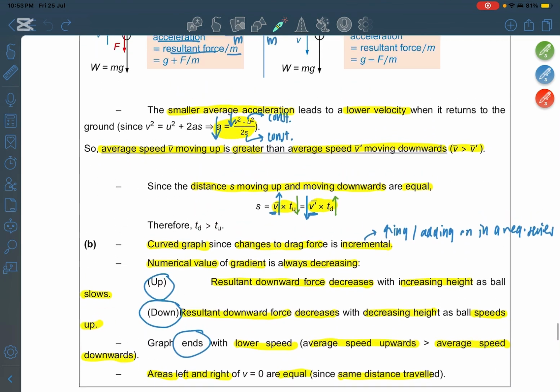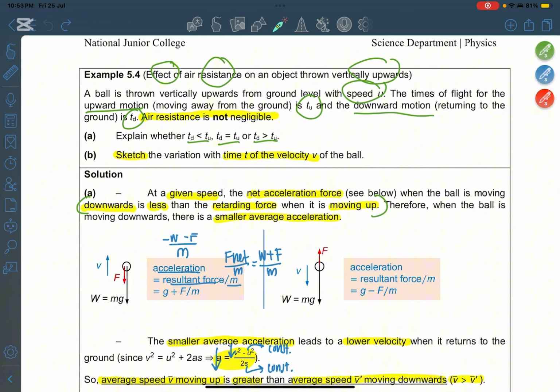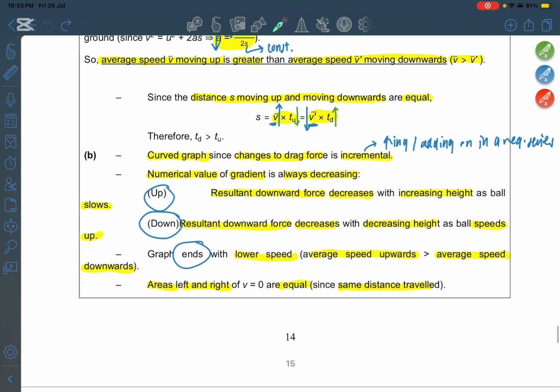Okay, so you see how they explain using formulas, right? Okay, then you're going to sketch the variation with time of the velocity of the ball. Remember that there's effect of air resistance. So if you remember the acceleration time graph, it's supposed to be constant, right?